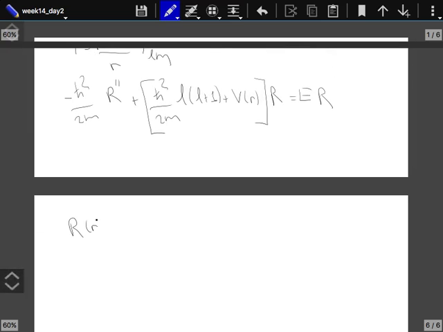Now we already know that this function R should behave like r to the power l as r goes to 0. Now the thing is, how does it behave in the other asymptotic limit, when r goes to infinity? The potential we already know: 1 over 2 m omega squared r squared.